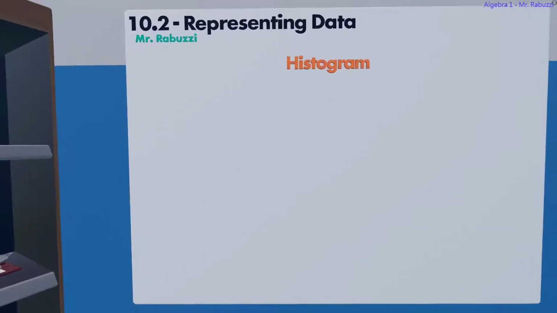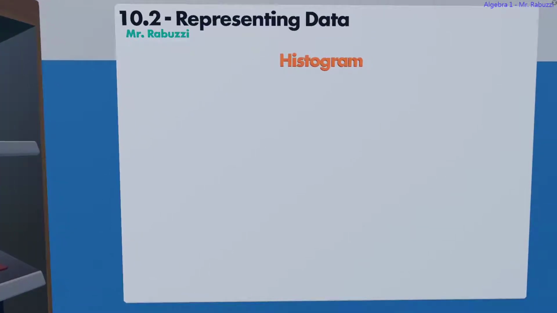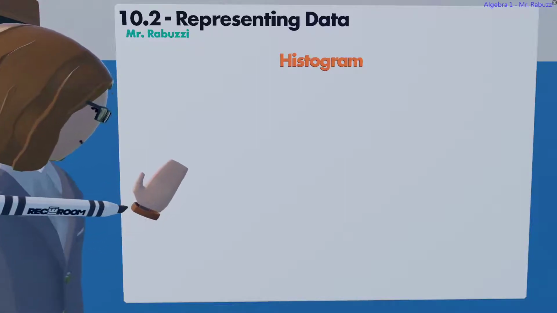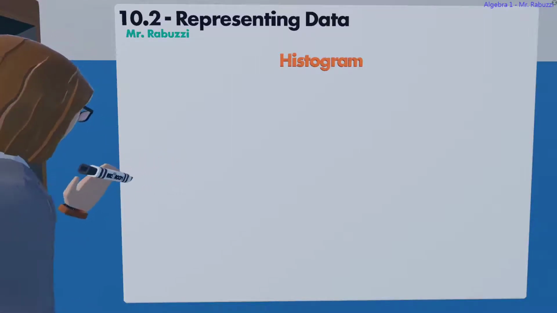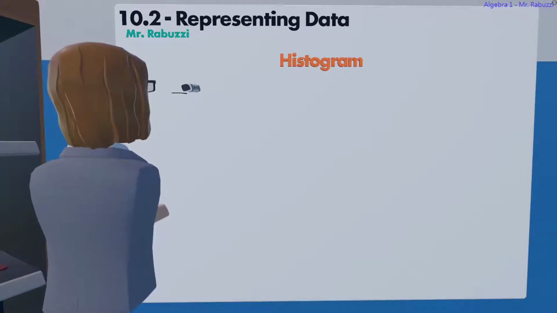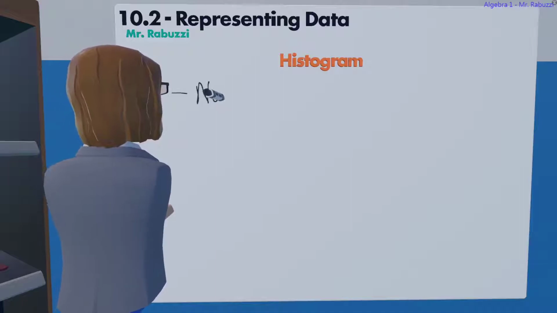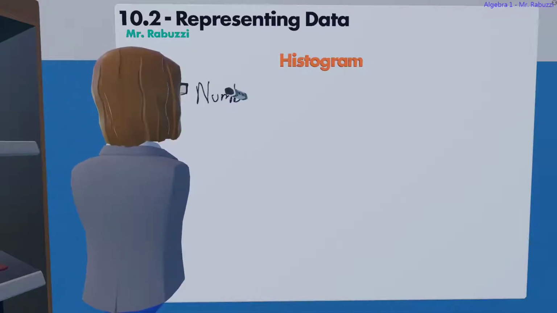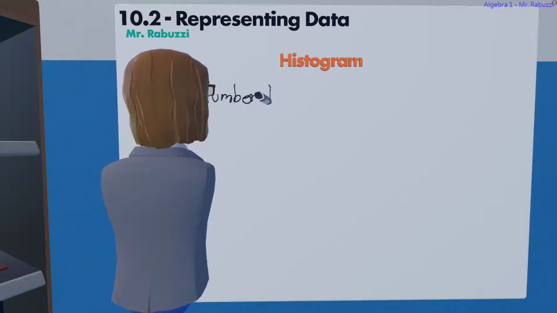Okay, last one for today is the histogram. So a histogram is a way to talk about the frequency of numerical data in equal intervals. So number data, that's what numerical means. We'll say it's number data, not like the last one.